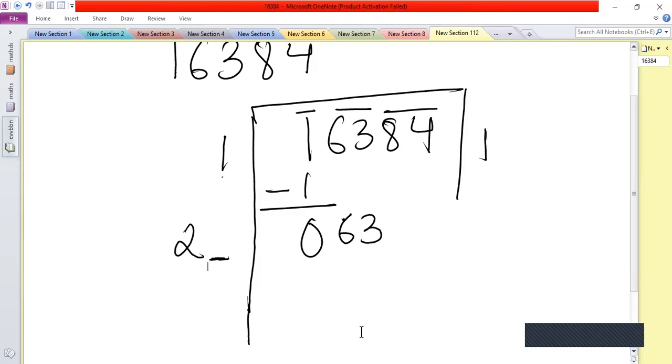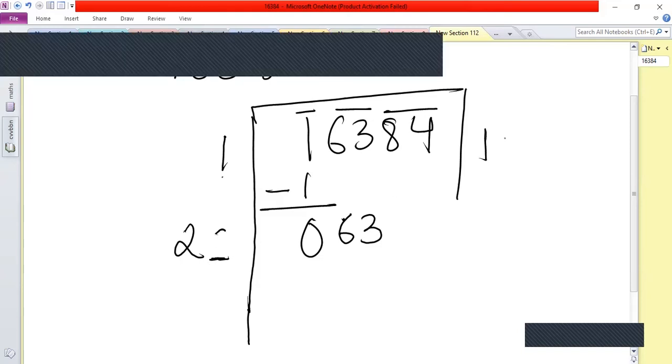We can put 2 again, ma'am. 2 again. Okay. So 2 here also, it will give you 44.